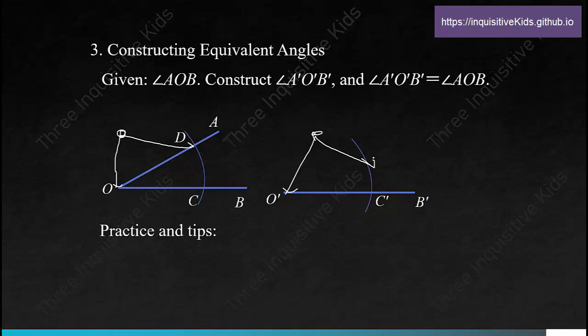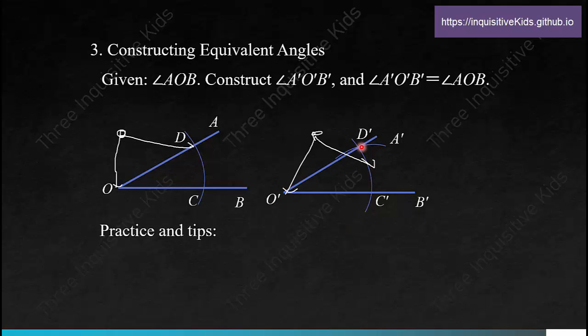You see, we make this arc, and where it intersects with O prime B prime would be C prime. Then from C prime we take another distance and make an arc with that. That would be D prime where it intersects with this line segment.